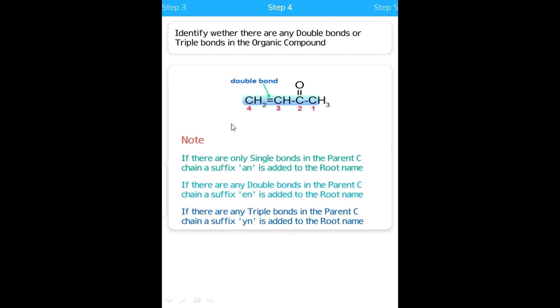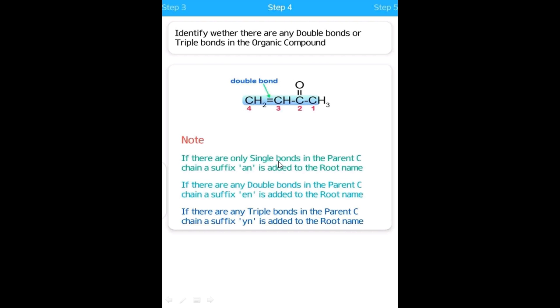Next, identify if there is any double bond or triple bond, or if it only contains single bonds. In a compound like this, we have a double bond here. If it has a double bond, "en" is added to the root name of the parent chain. The "en" represents an alkene.